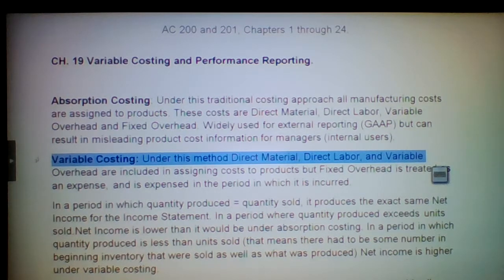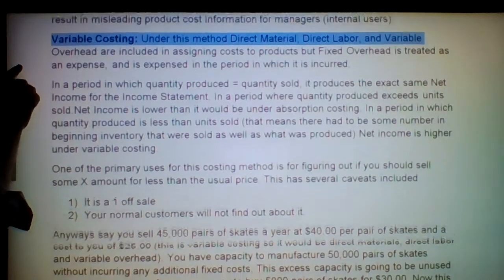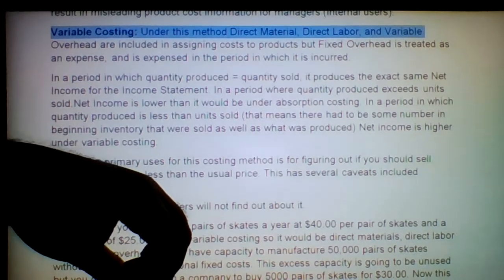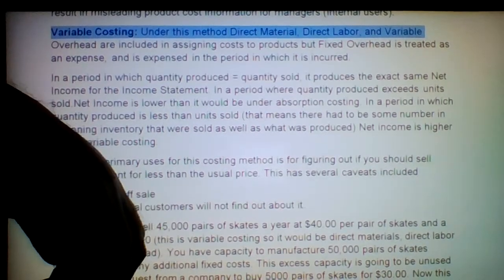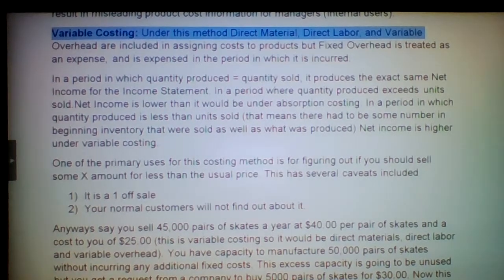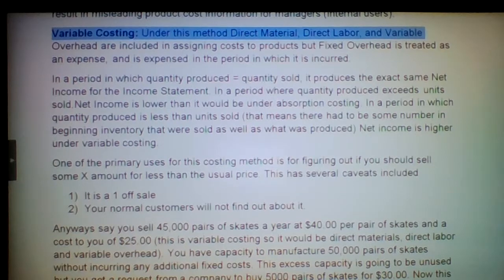Now, this is a method that is preferred by many managers. It's called variable costing. Under this method, direct material, direct labor, and variable overhead are included in assigning costs to products, but fixed overhead is treated as an expense and is expensed in the period in which it is incurred.